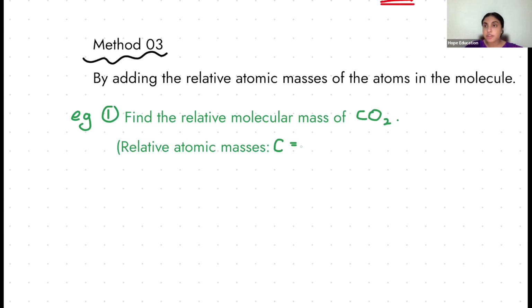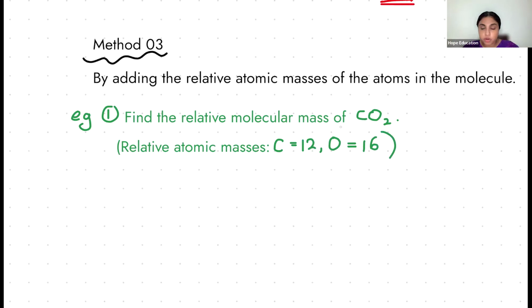In the question, I will give you that the relative atomic mass of carbon is 12 and oxygen is 16, and that's all the information I'm giving you.